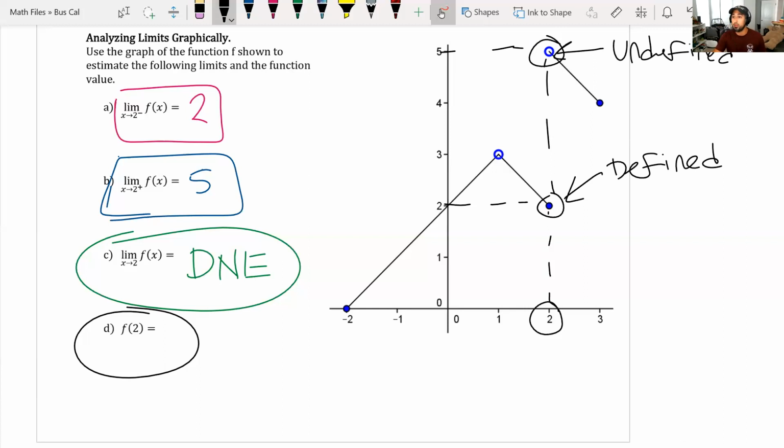Oh, am I in the way? I think so. So we only state y values that are defined. So for D, we say when x is exactly 2, the value of y is also 2. And there you go. That's it.